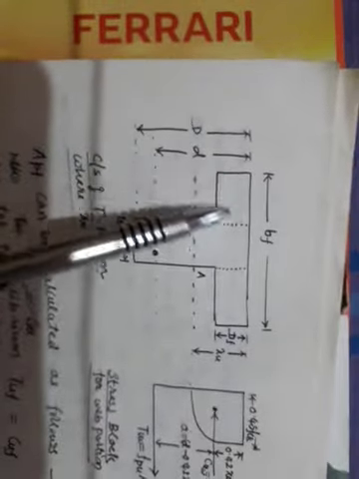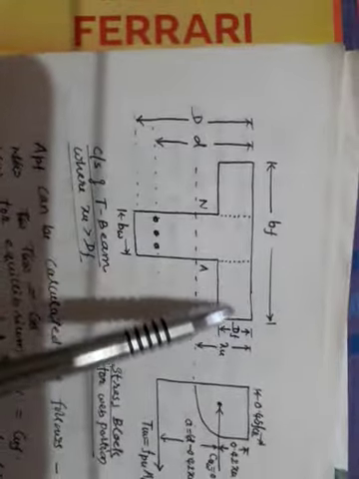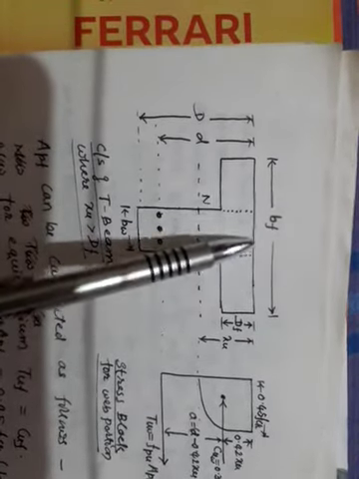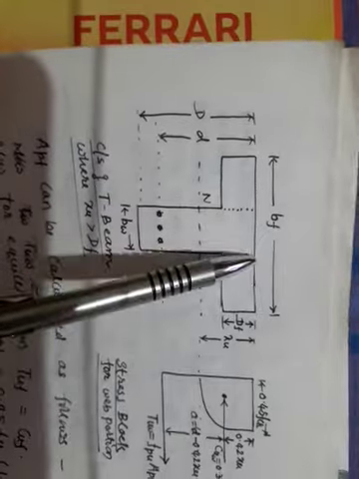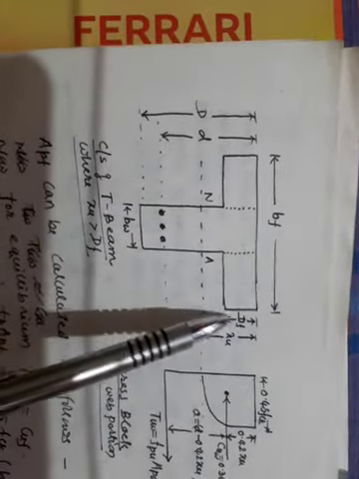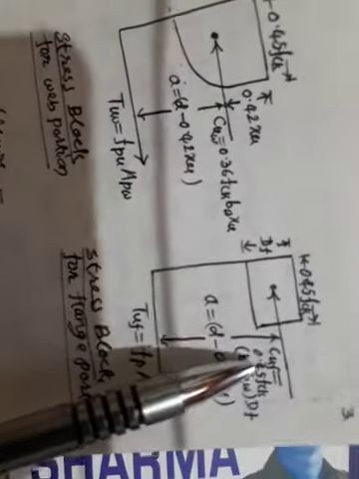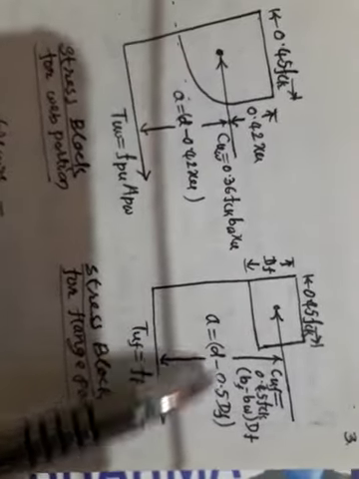It is acting on an area of this much plus this much. BF minus BW will give me this length and this length, into DF will give me this much area plus this much area. So stress into area will give me the CUF force. So this is how the stress block in the flange portion can be written.